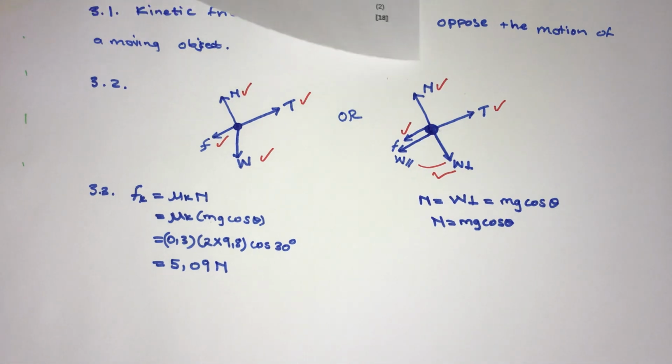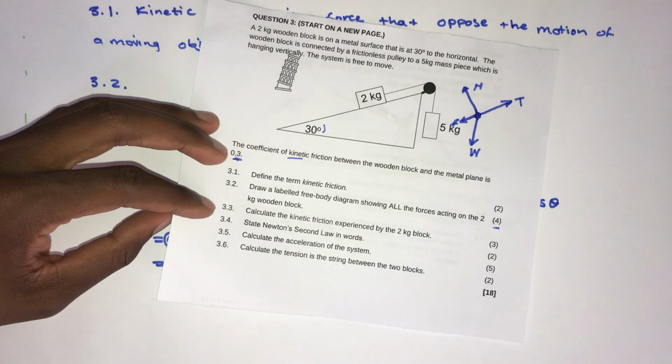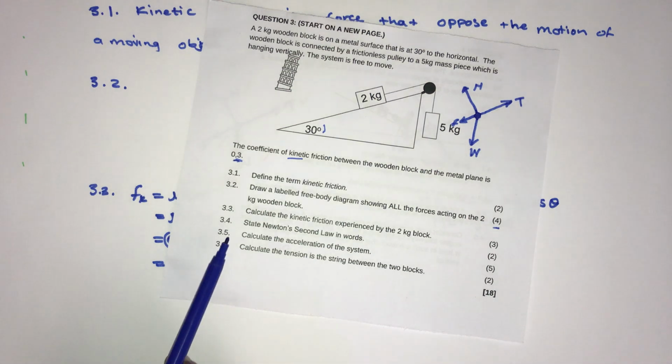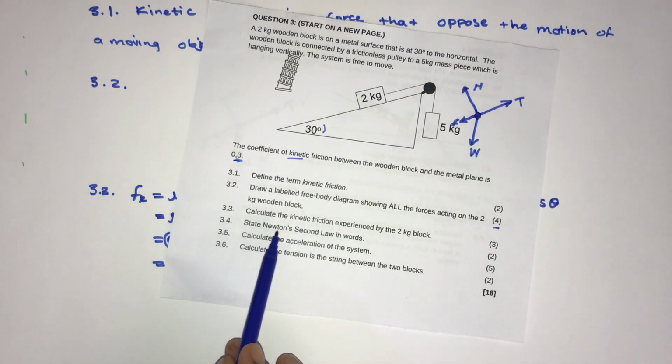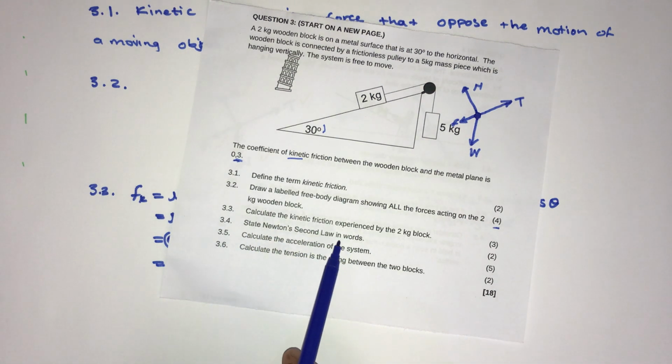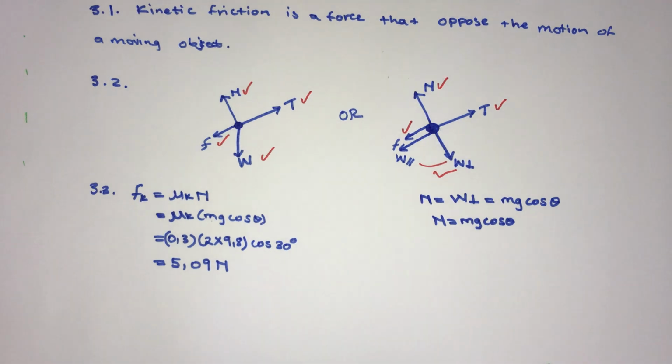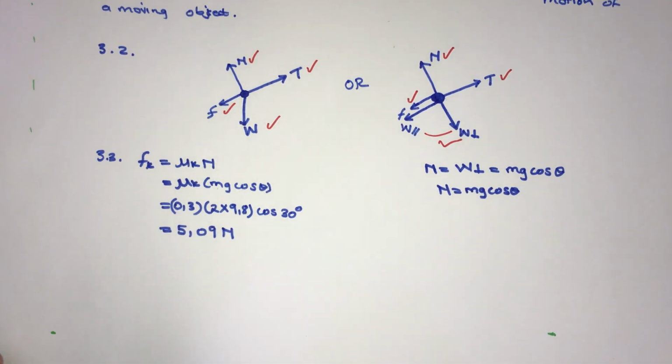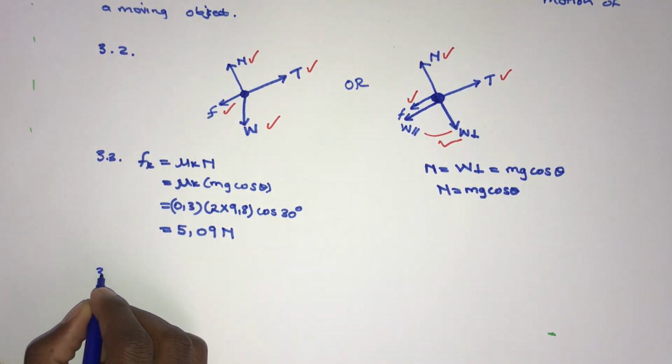Now let's check the next question. The next question says state Newton's second law in words. So Newton's second law in words, they were specific, they said in words. So this is 3.4.